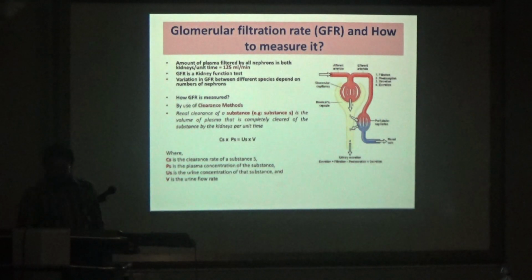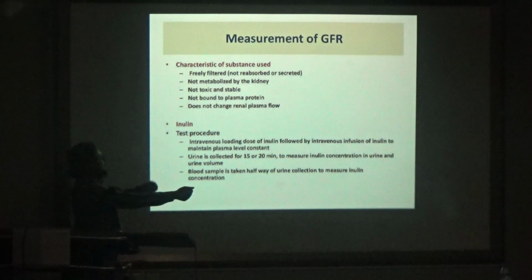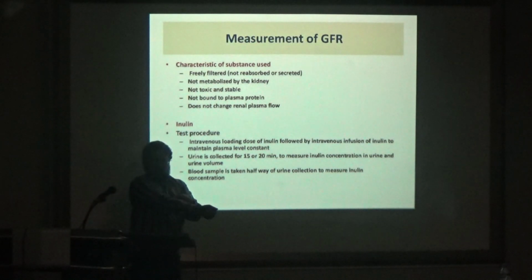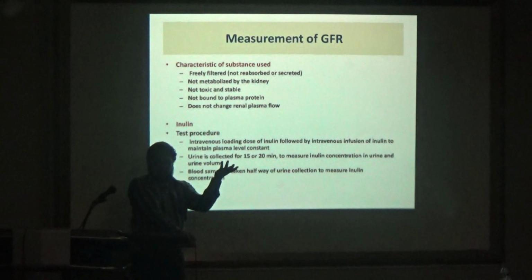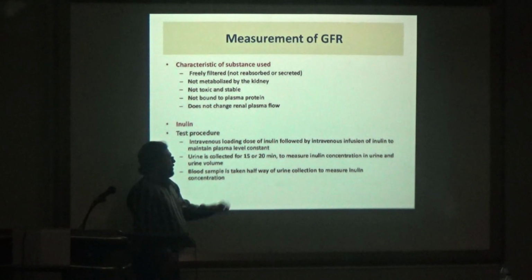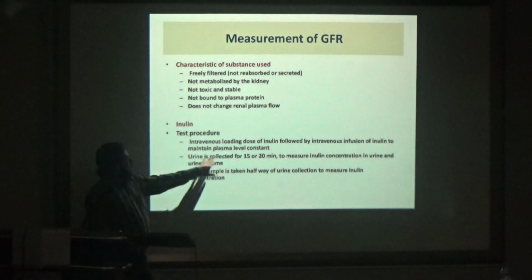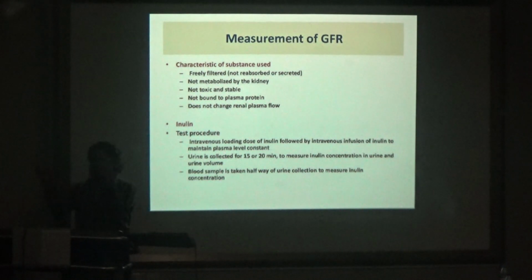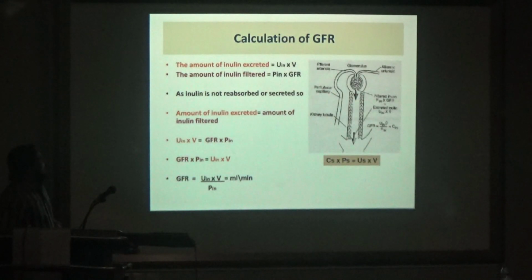In actual practice, you first put the substance into the circulation and get a plasma concentration, then see how much is found in urine and how much urine there is. The same experiment is done the same way: you put a drug into the circulation, it circulates in the body, gets filtered, collects in the urine, and you calculate. That was how things were done.